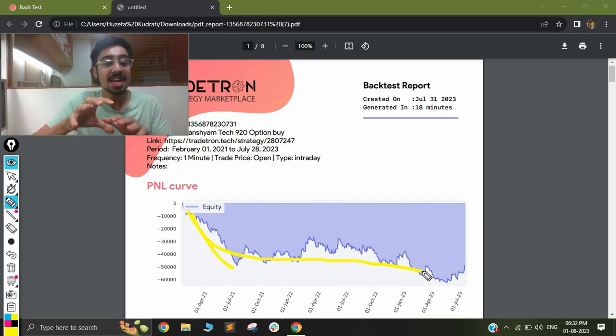There is definitely an edge out here, but the trades that we are taking are definitely flawed. We are making a mistake with the trades that are being generated. So let's first try to improvise on the edge that we currently have, and then see what can be done in order to turn around this entire strategy.